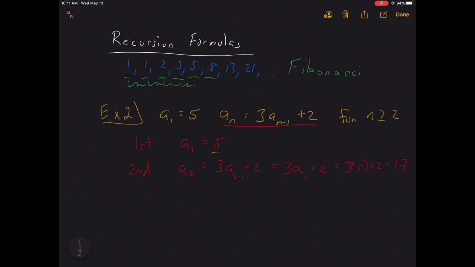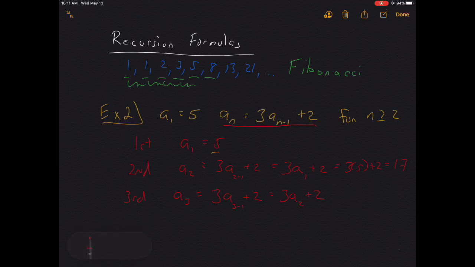All right, let's see if we can continue that process. If I want to find the third term, that's a sub 3. Once again, I am substituting a 3 in for n. So in the formula on the right, I substitute a 3 where the n was. So it'll now be a sub 3 minus 1, and then don't forget your plus 2. But 3 minus 1 in the subscript is 2. So really I'm looking at 3 times a sub 2 plus 2.